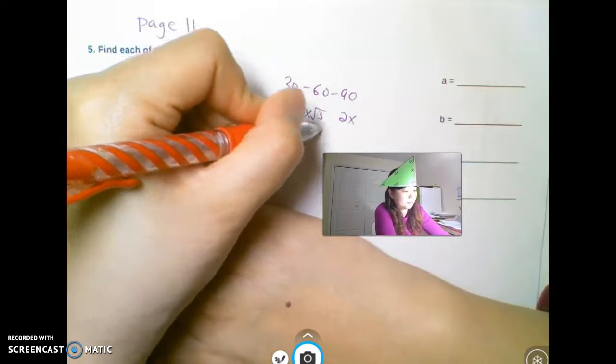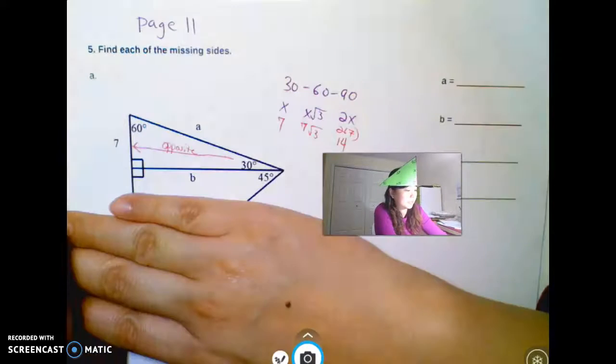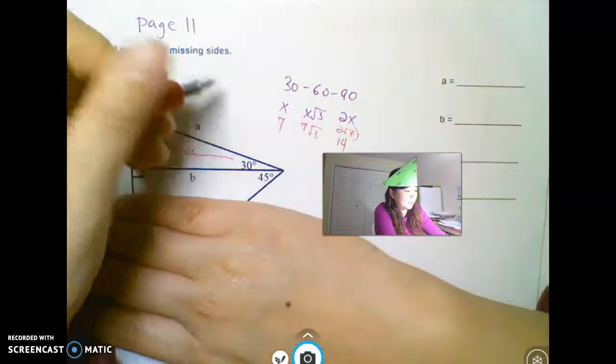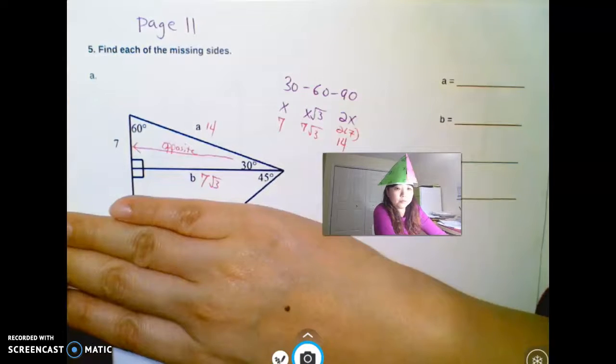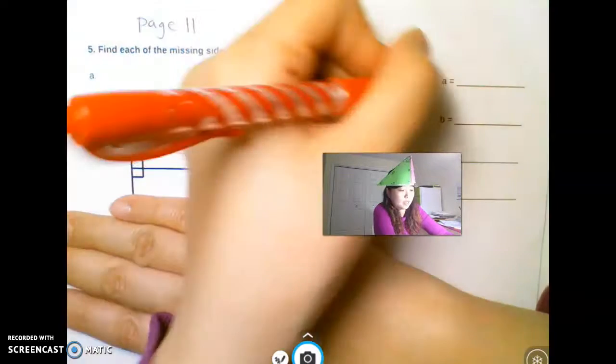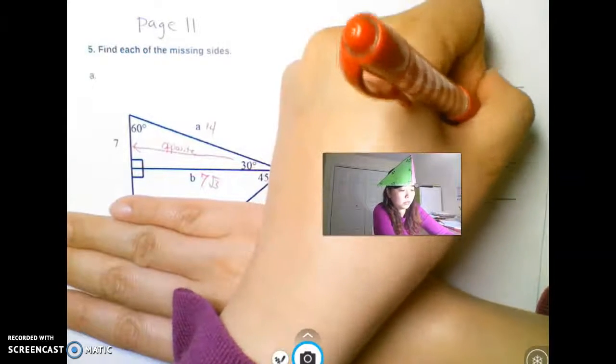Then this would be 7 root 3, and this would be 2 times 7, that's 14. So opposite of 90 is 14, and this is 7 root 3. So our A is 14 and our B is 7 root 3.